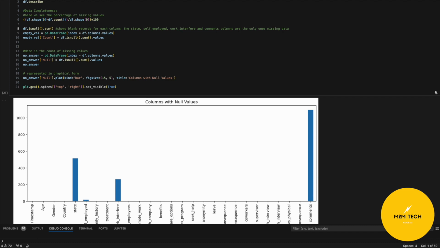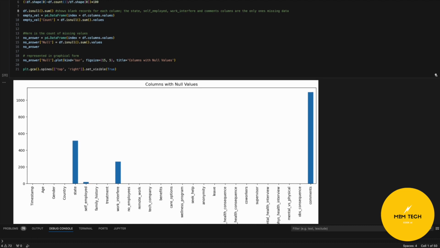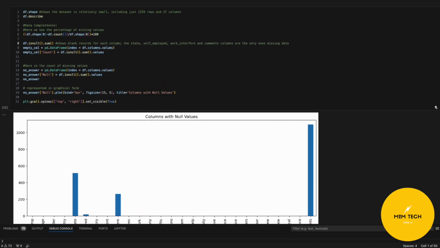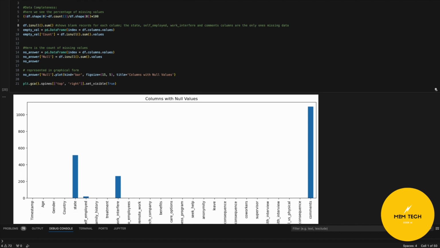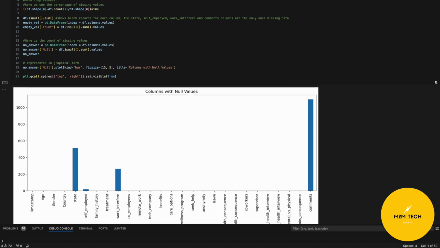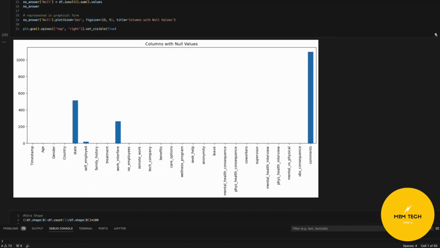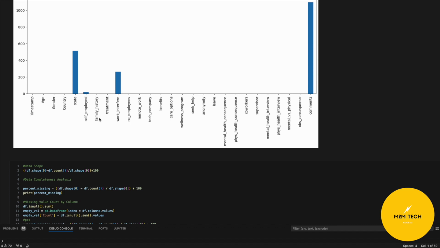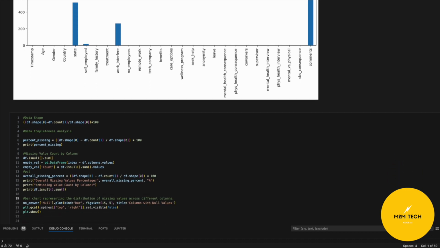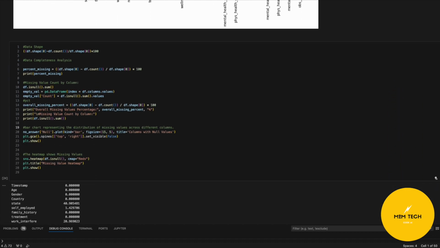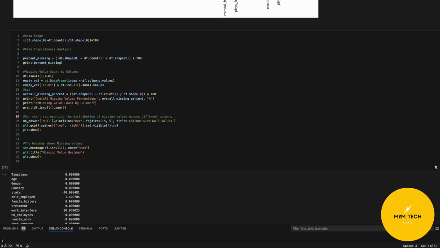So we checked if there were missing values, and the column with the most missing values was a comment section. People didn't want to leave comments at the end of the survey. Then the state and whether it interfered with their work were also not completely filled out.